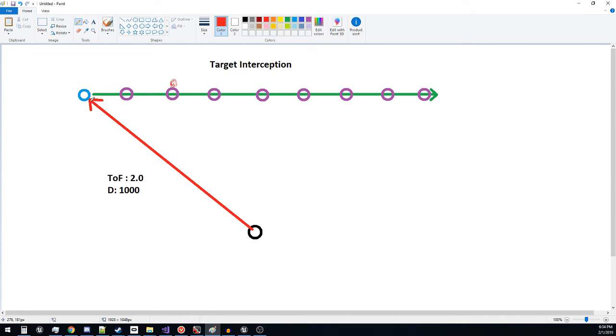So instead of aiming at this location, what we should do is lead the target and aim at this position, right? So let's use a different color. Let's use orange. So what we really want to do is figure out this position right here and aim at that. And then we also need to find the time of flight for that and the distance.